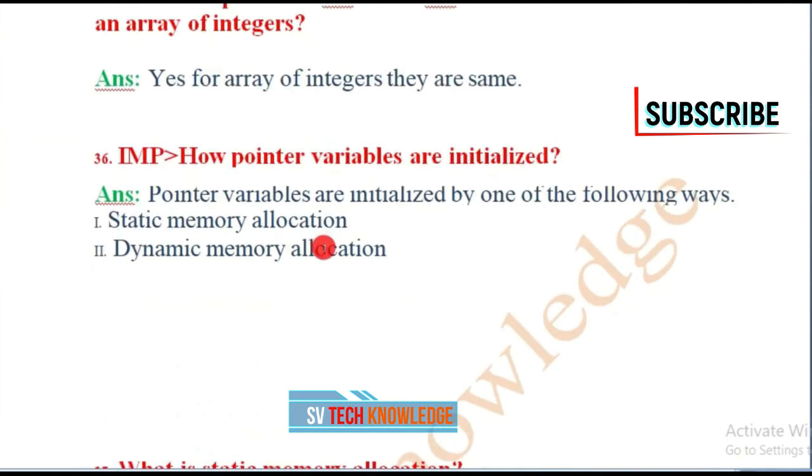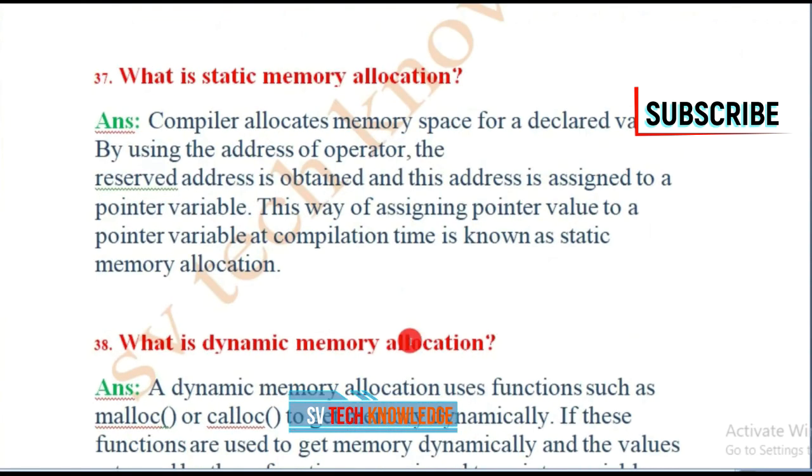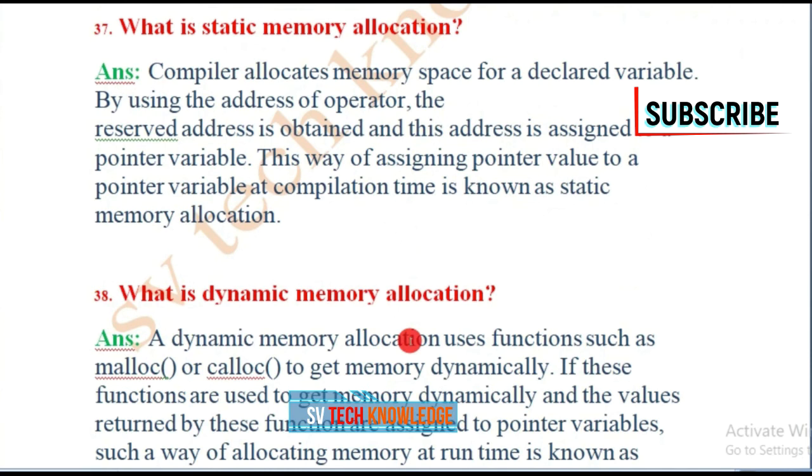Next question, very important. How are pointer variables initialized? Pointer variables are initialized in one of the following ways. First one is static memory allocation. Second one is dynamic memory allocation. Next question. What is static memory allocation?